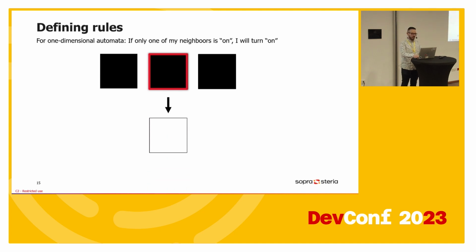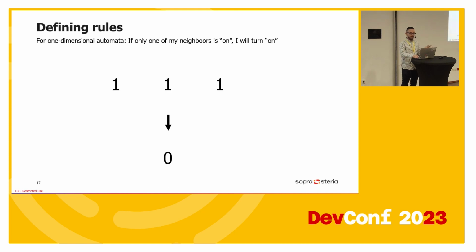And we can translate it to numbers. Every black cell we can mark as 1, and every white cell we can mark as 0. It's like a typical Boolean calculation. And then we have numbers, and computers like numbers, and mathematicians like numbers as well.